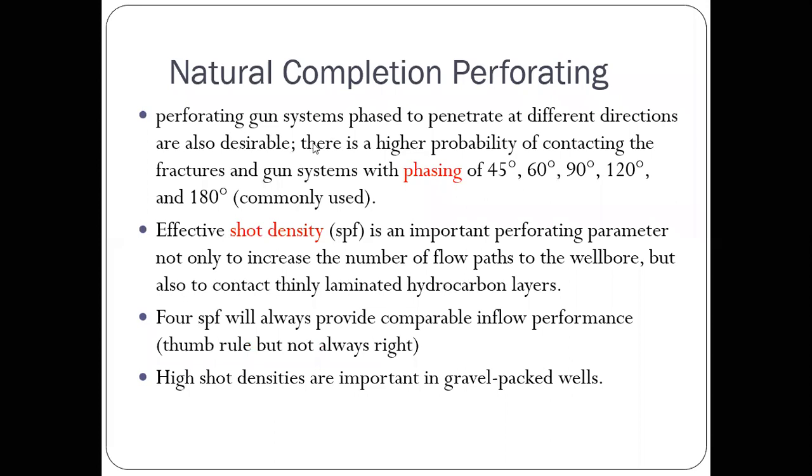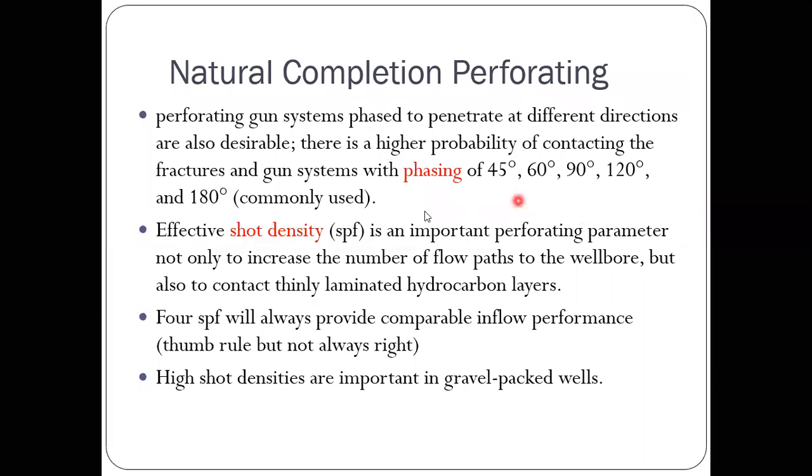And it is also important to select the phasing of the perforating gun, because different directions are desirable. If it has different phases, then there are chances of contacting the natural fractures.